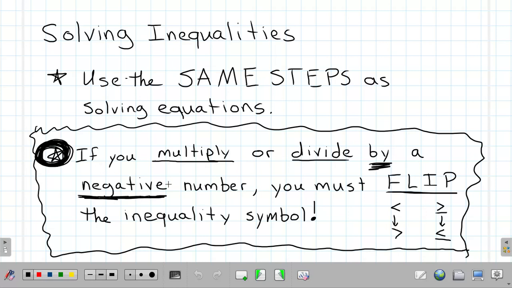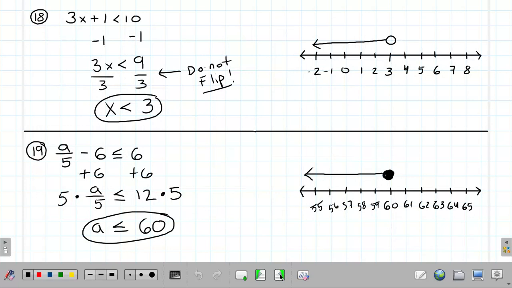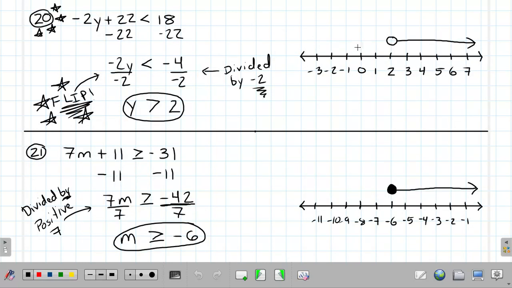So your answer is going to be just completely the opposite way wrong. Because what happens if you don't flip the symbol is your arrow, so like with number 20 here, your arrow would actually be pointing the other way. And once again, that would be just a completely wrong answer, okay?